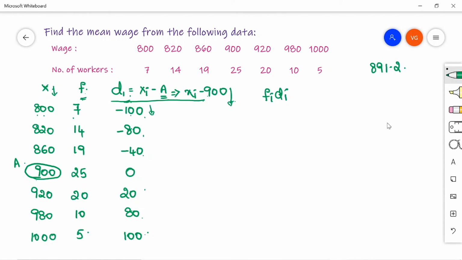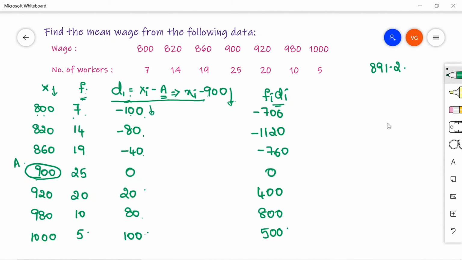Now the reduced number I am going to multiply with the frequency. So 7 into minus 100, minus 700, minus 1120, minus 760, 0. 20 into 20, that is 400. 80 into 10, 800. 5 into 100, 500.